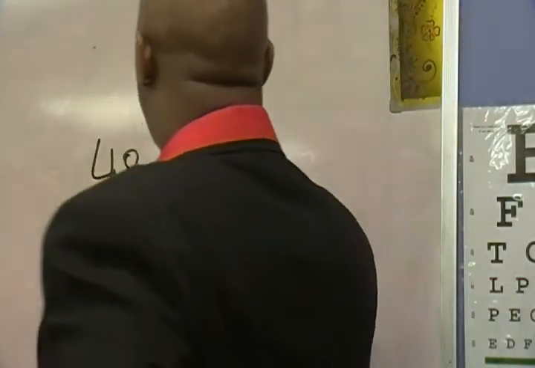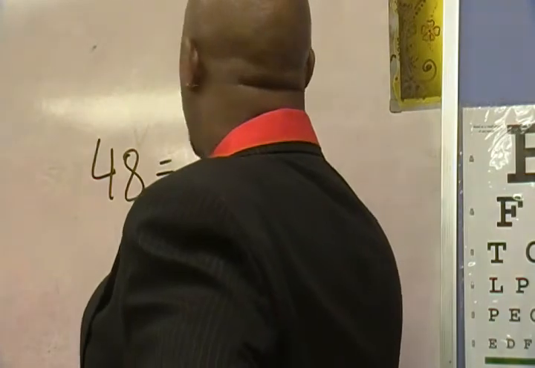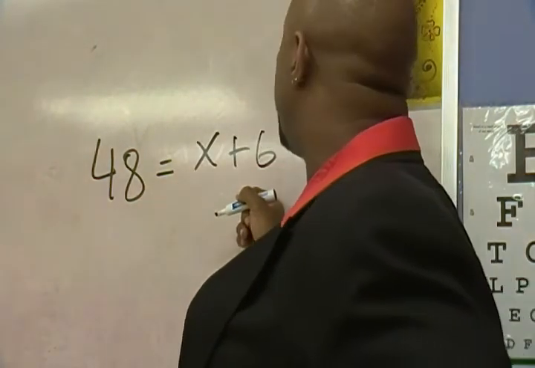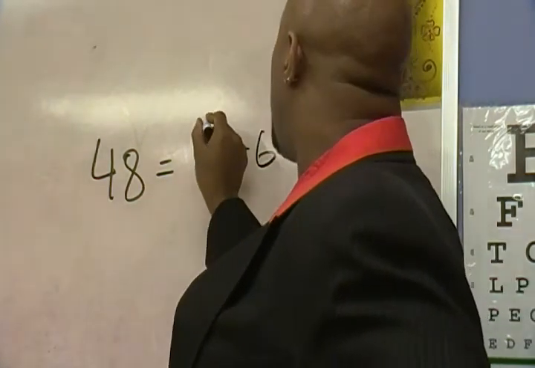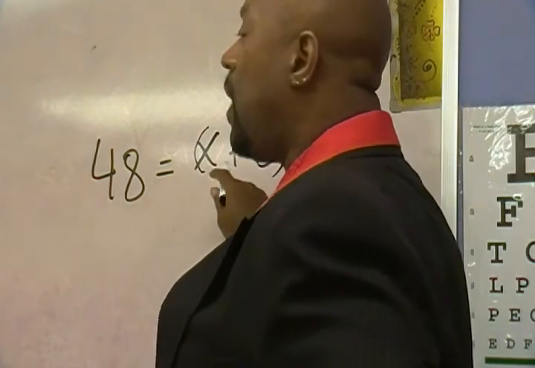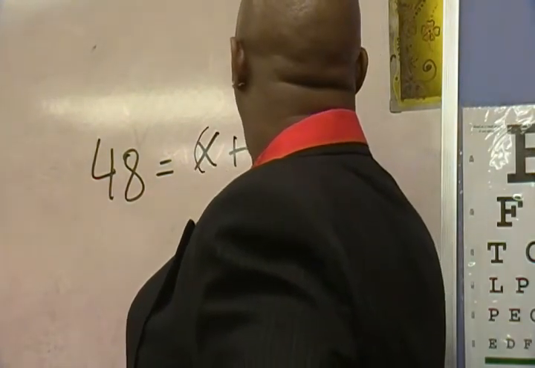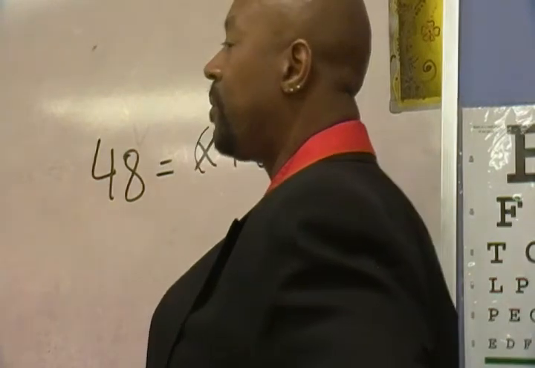Almost. It says 48 equals the number increased by 6, and then it says the sum, which is the answer from addition, all multiplied by 5.